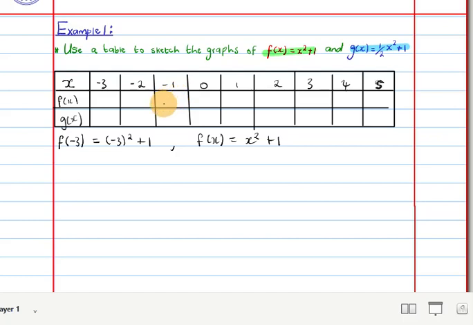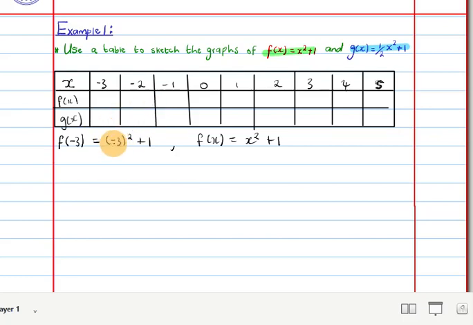You can start from negative infinity up to positive infinity, but to observe a pattern you have to restrict yourself to a few numbers. You can start from -3 to 3, or from -5 to 5, just to observe the pattern or shape that comes up whenever you plug in certain values of input.